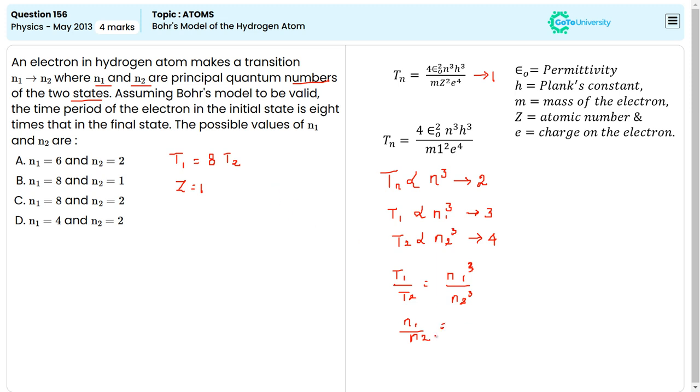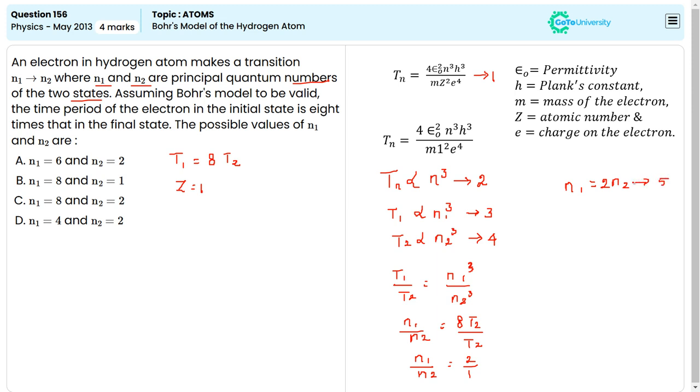T1 is 8 T2, so 8 T2 divided by T2 gives n1 by n2 equals 2 by 1, so n1 is equal to 2 times n2. I'll take this as equation 5.